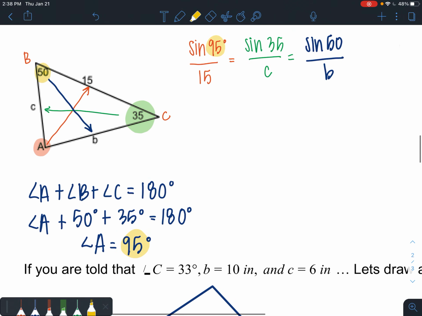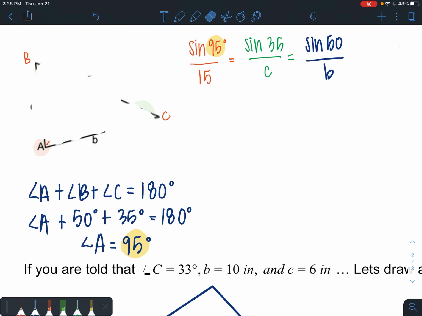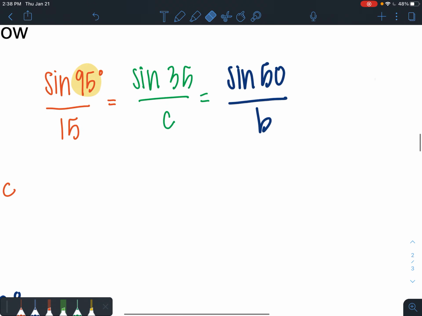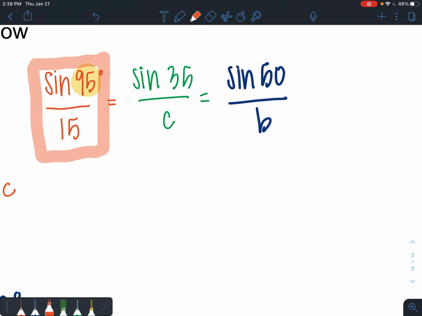This corresponds with this right here. All right, I'm going to erase this stuff from our triangle just so it's not a mess. I can use the law of sines two times to find that angle. This one I have all filled out, so it's going to be my base.